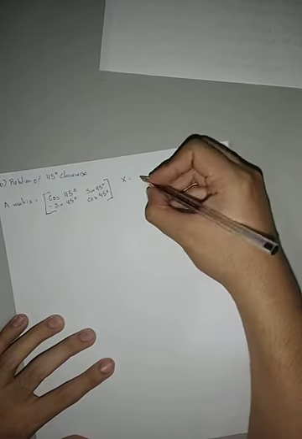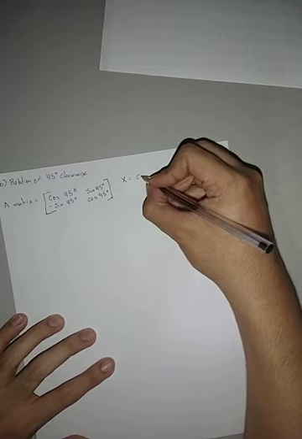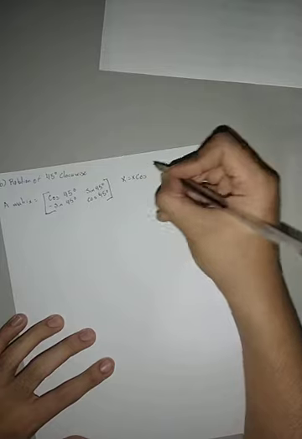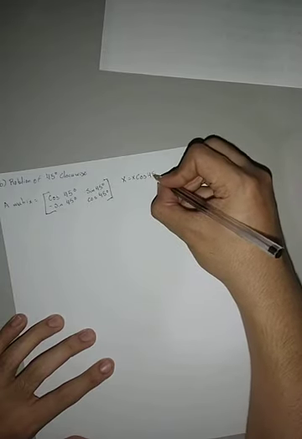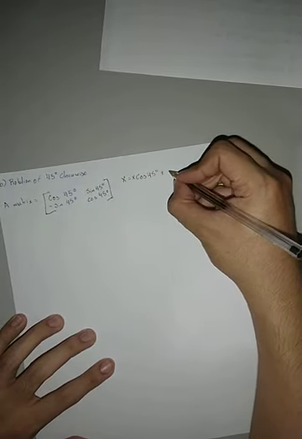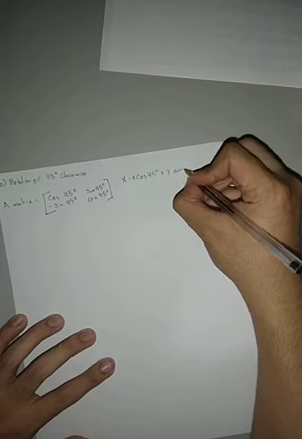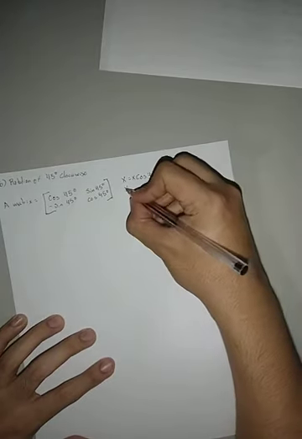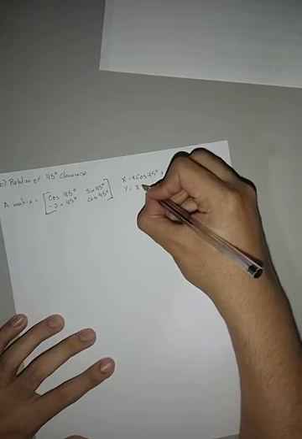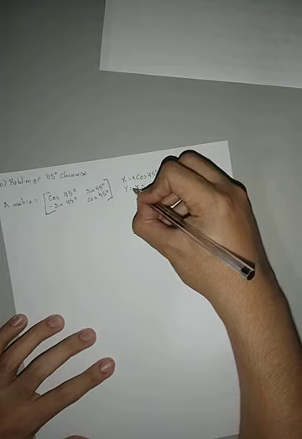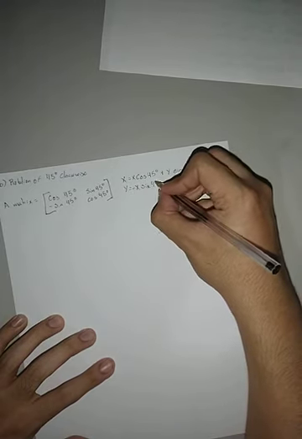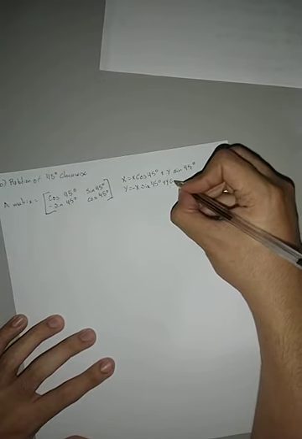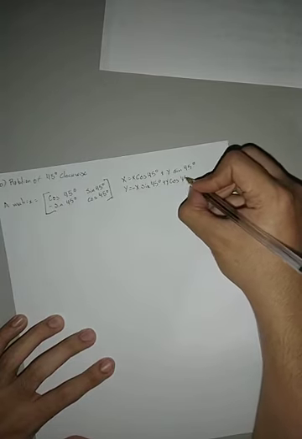x equals x cosine 45 degrees plus y sine of 45 degrees, and y equals minus x sine 45 degrees plus y cosine of 45 degrees.